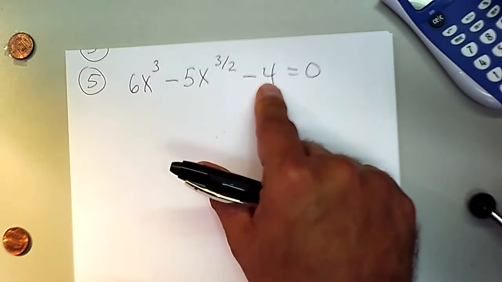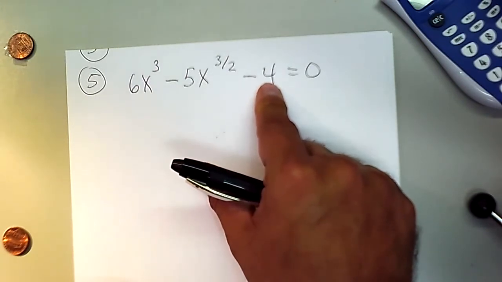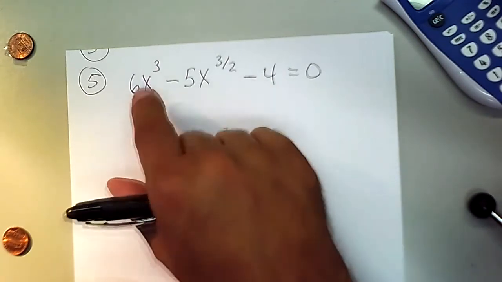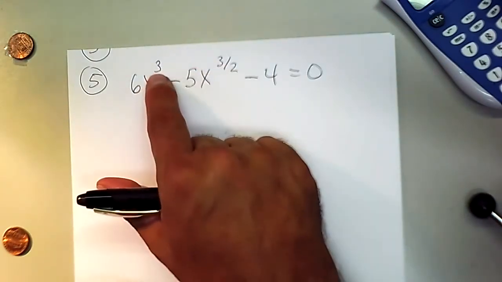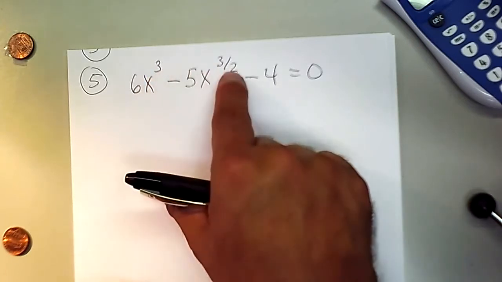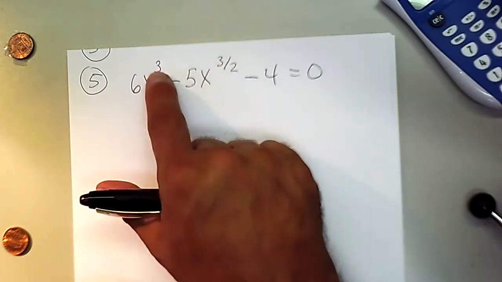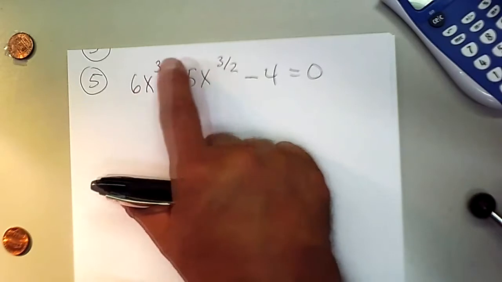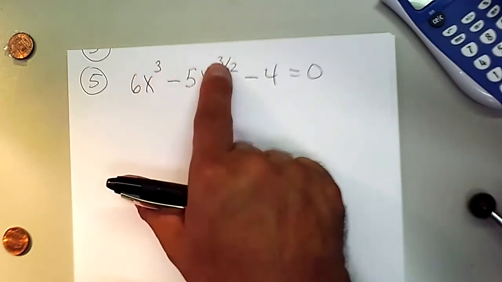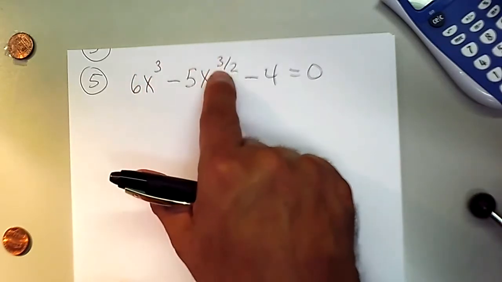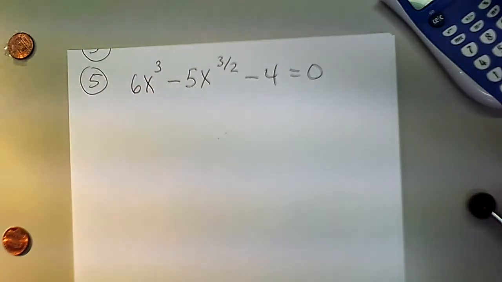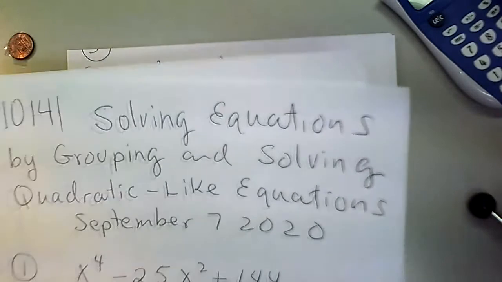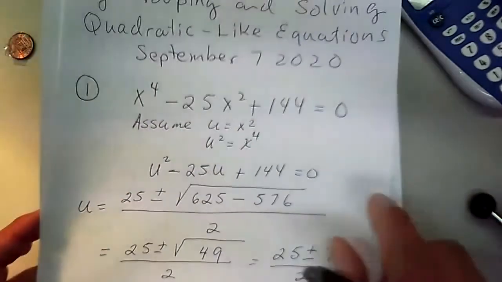So that tells me maybe this is a quadratic-like equation. The exponent is twice as much as this one, and that's kind of what you want to look at. If the exponent is twice as much, this is twice as much as that. Or the other way to think of it is this is half that exponent. In all the problems we've done where we use substitution, here we did that.